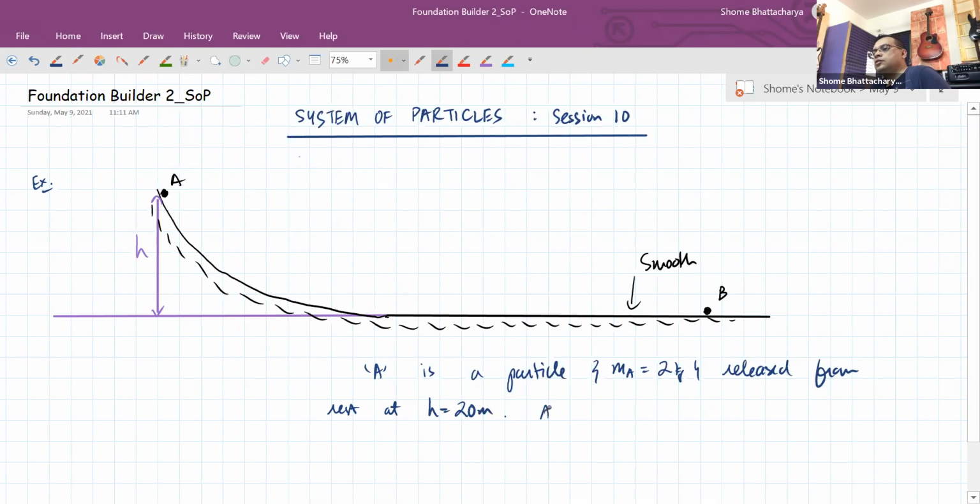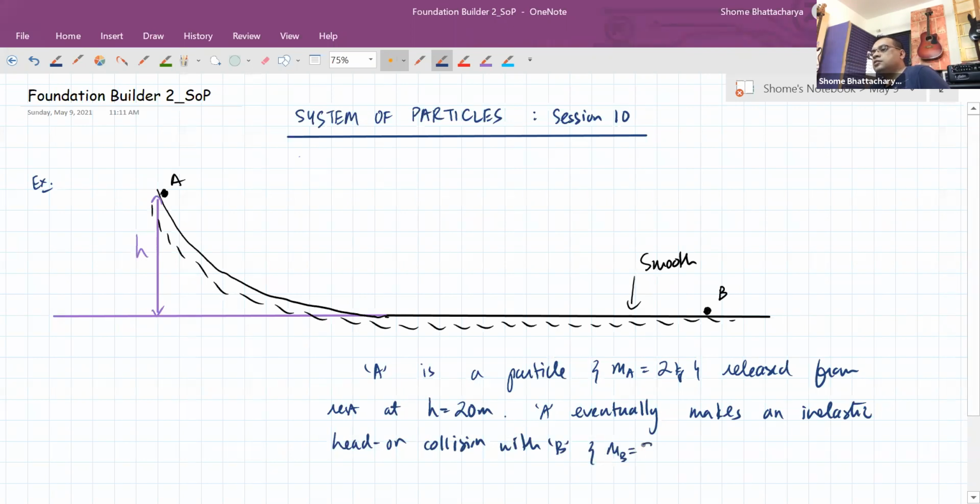Now A eventually makes an inelastic head-on collision with B, and mass of the particle B is 3 kilograms, with coefficient of restitution equal to 0.5.